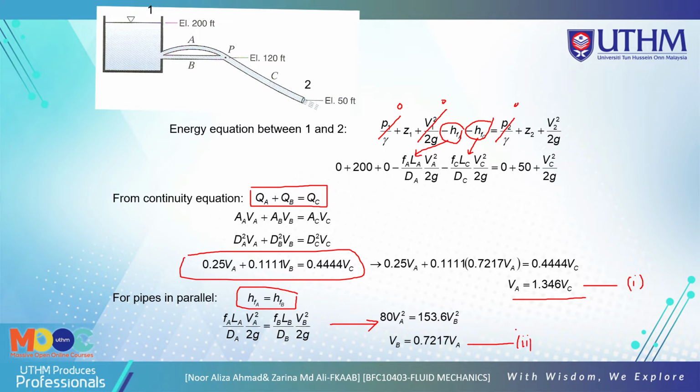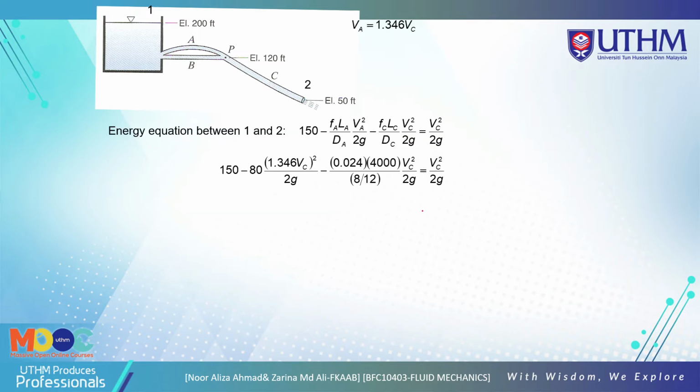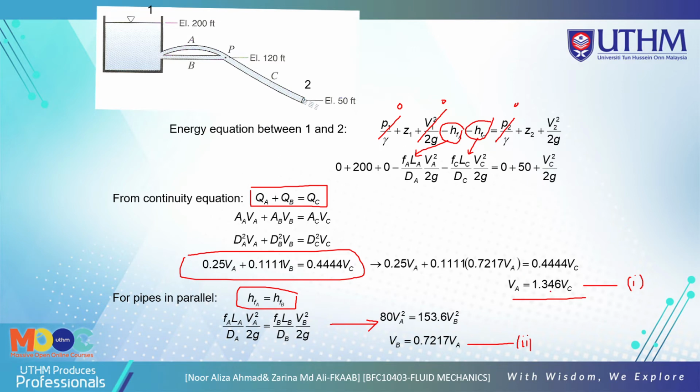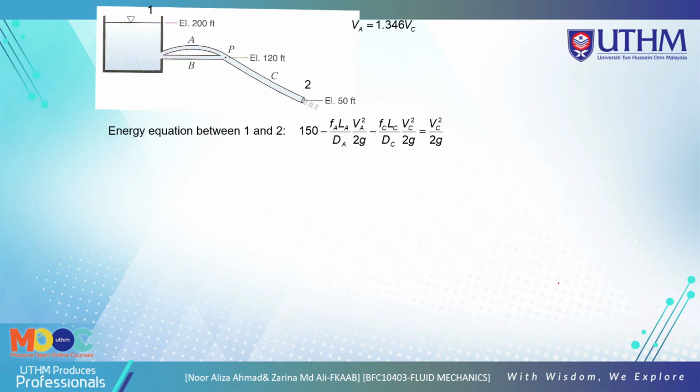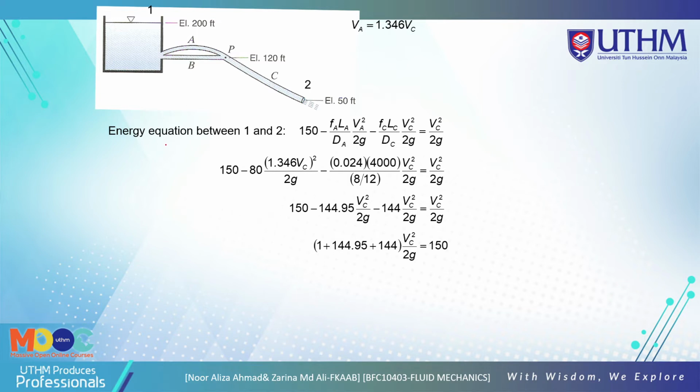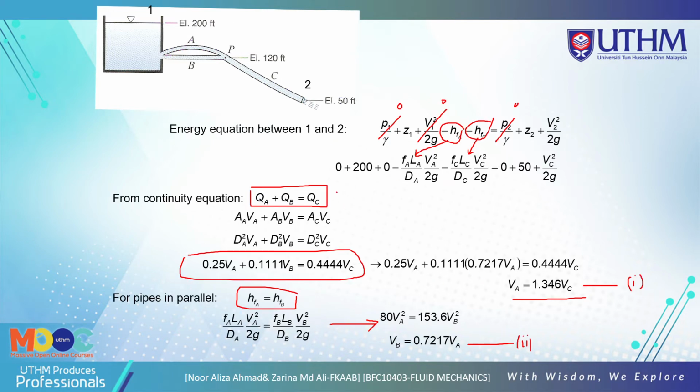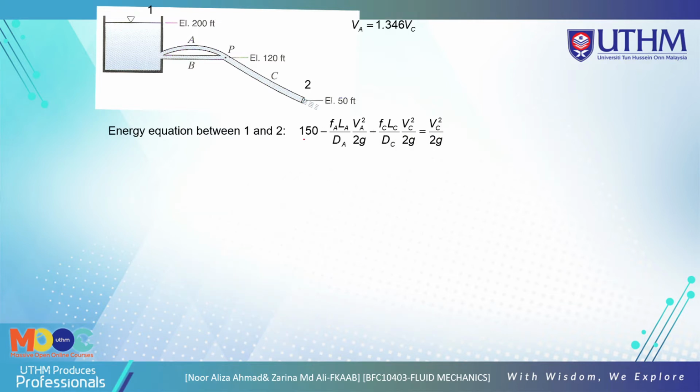So after you get this formula, now we look at the VA here. VA is 1.346 VC. So use the energy equation between 1 and 2. After you get the values here, 200 minus this one, you just continue to the next slide. So we get 150 minus FA LA VA squared over 2G DA and FC LC VC squared over 2G DC here.